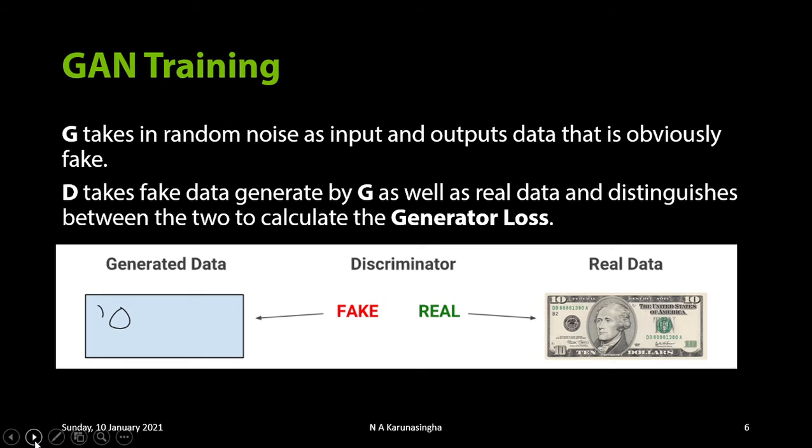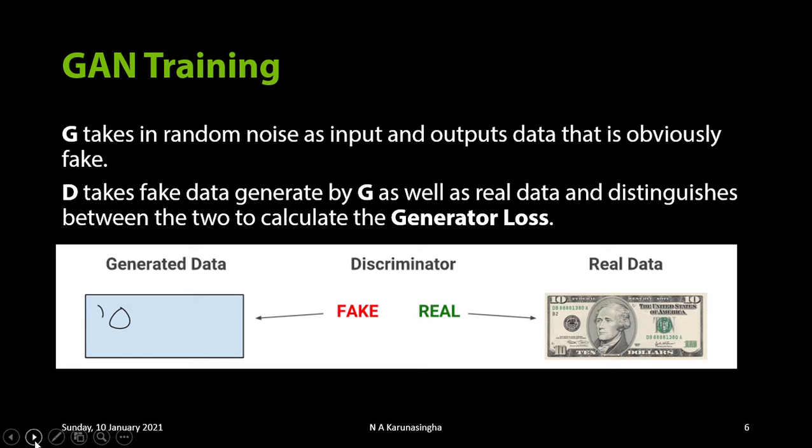So if we take GAN training, like I said before, the generator first takes in random noise as input and outputs data. Initially the data that's output by the generator is obviously very fake. You can easily distinguish between generated data and real data. So in this situation, the discriminator takes the fake data generated by the generator and sees how different the generated data is from the real data, and it calculates something called the generator loss.